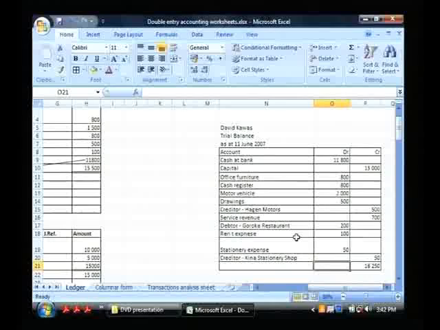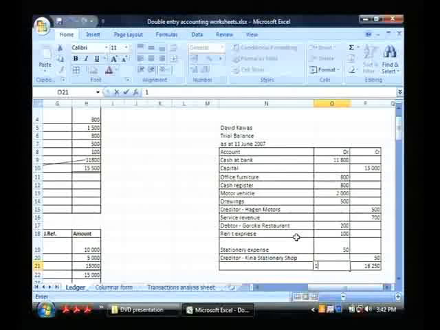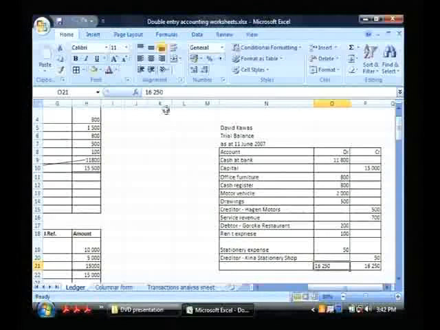How much is that? It is 16,250, same amount. So this is the outcome of double entry accounting.